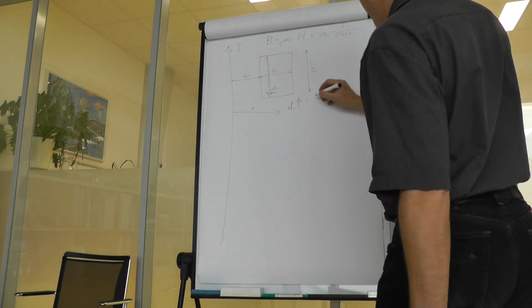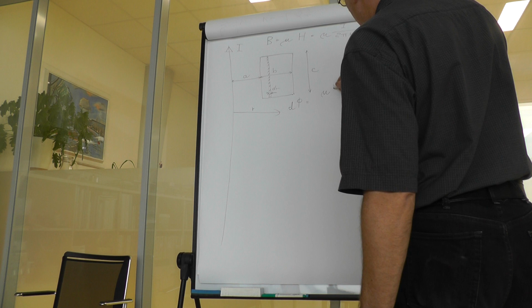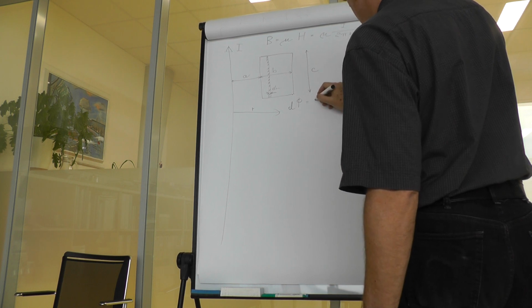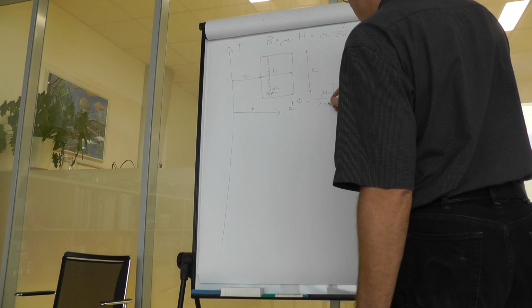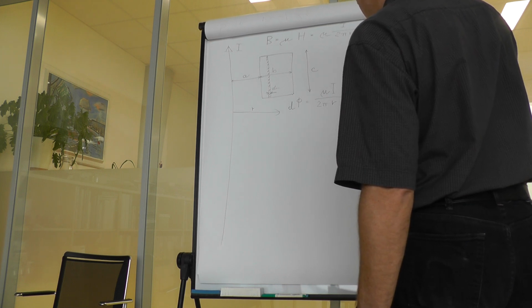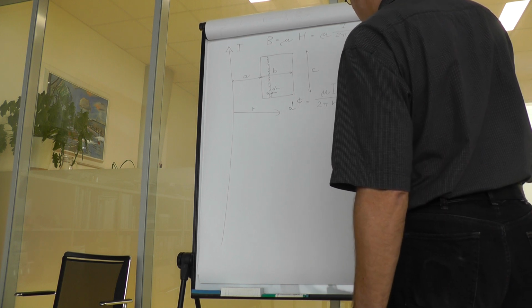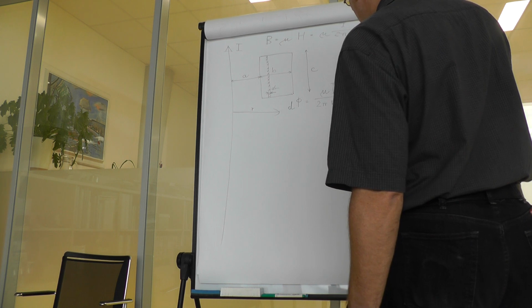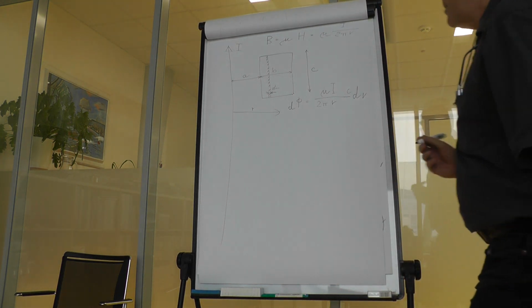So we would have mu I over 2 pi r multiplied by c and dr. That's the element of the flux.